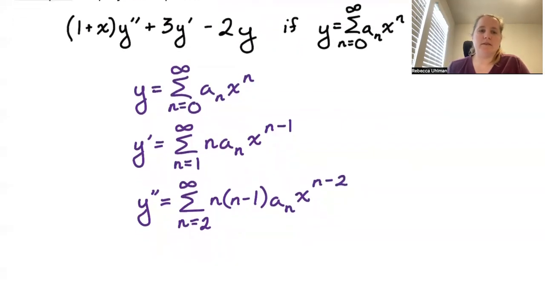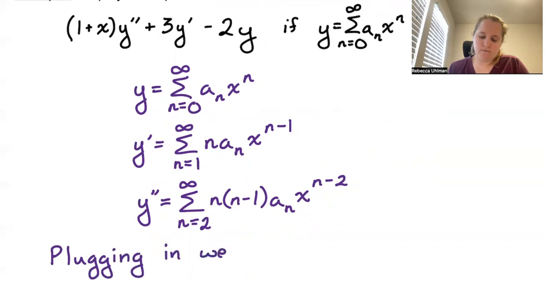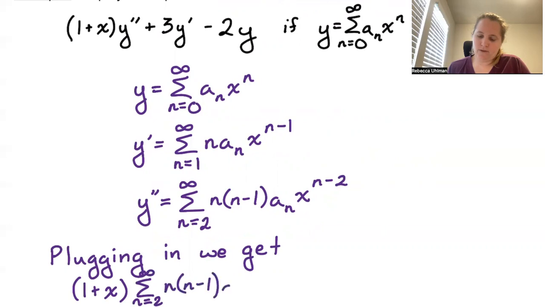So if we plug this into the equation, we wind up getting (1 plus x) multiplying the sum from n equals 2 to infinity of n times (n minus 1) times a sub n times x to the n minus 2.